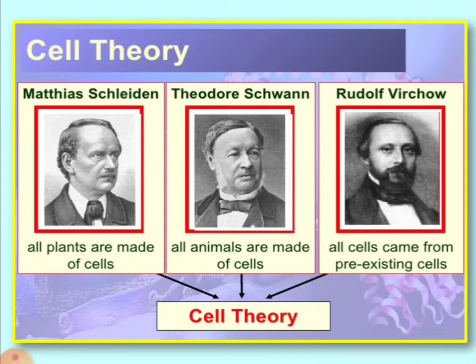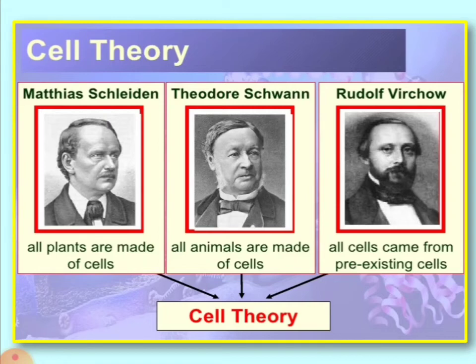And in the year 1855, another German biologist named Rudolf Virchow further extended and refined the cell theory by proving that all the cells arise from pre-existing cells by dividing themselves. As you know, the cells which are present inside the living organisms keep on forming, multiplying, and division takes place.